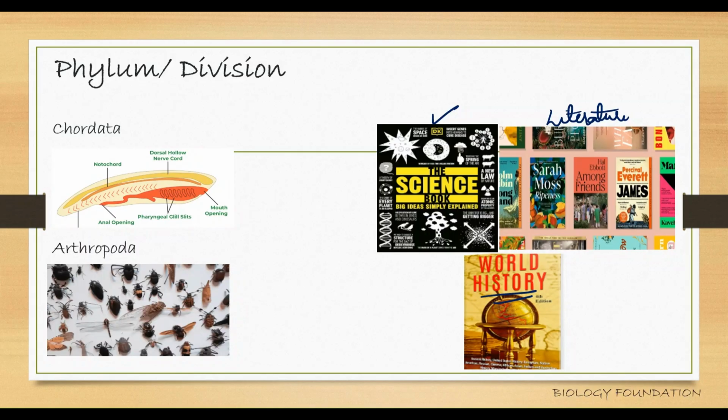Historical aspects, all those books are kept under history, which is another section. And books related to literature are kept in a different section. In the same way, in Animalia, that means animals, there are numerous animals. Animalia is a kingdom, right? There are some animals which have jointed legs.